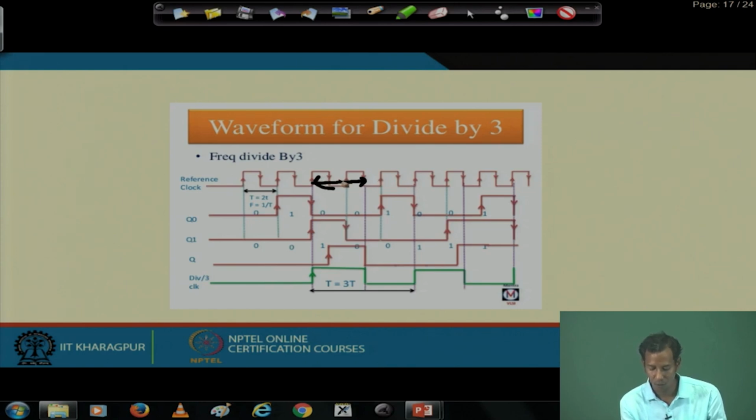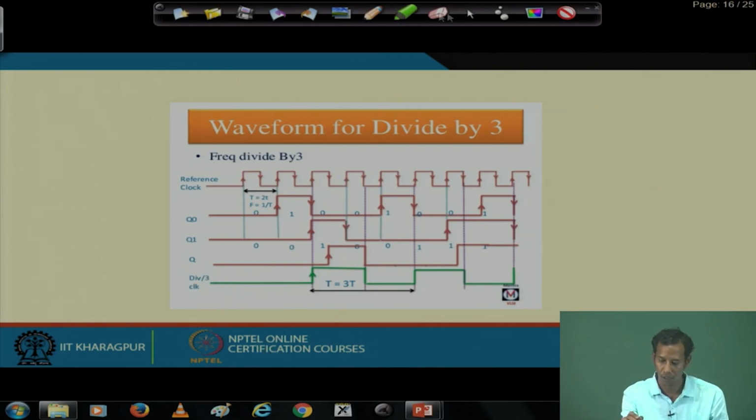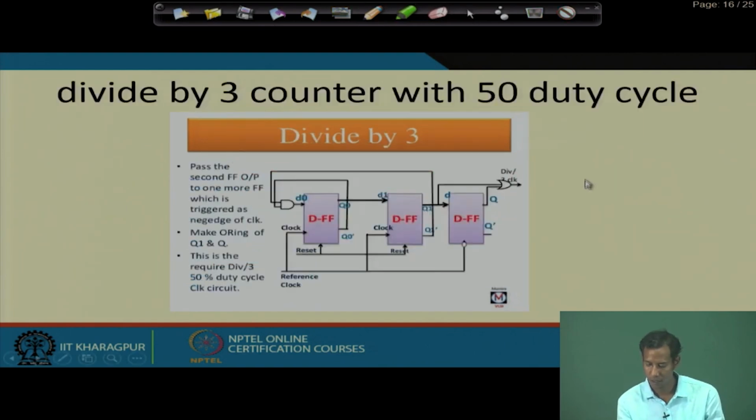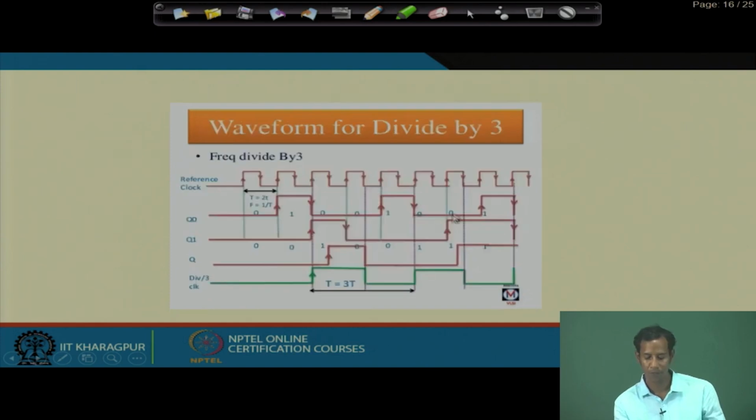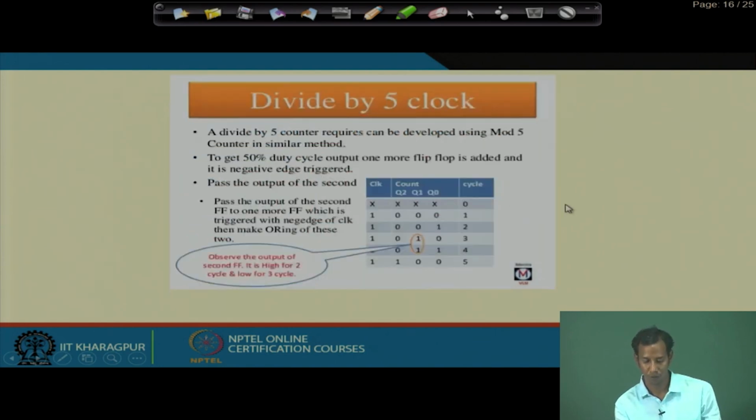So, 1, 2, 3 clock cycles, it requires 2, which will be produced by this divide by clock 3 output here. Okay. So, this is the circuit for divide by 3 with 50% duty cycle, and what I said is that you have to use this extra gate to make it 50% duty cycle. Otherwise, you do not have to use that.